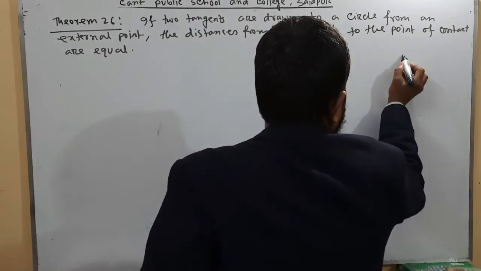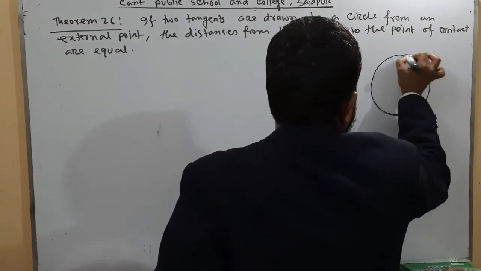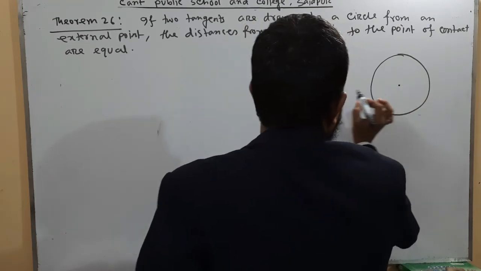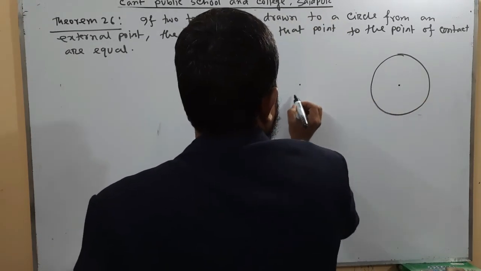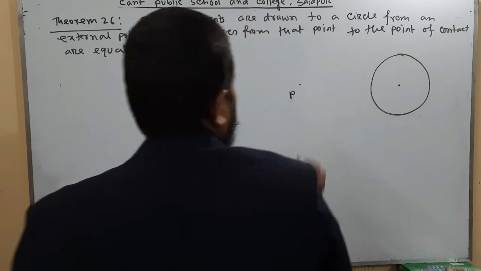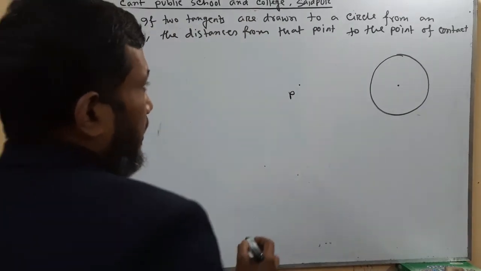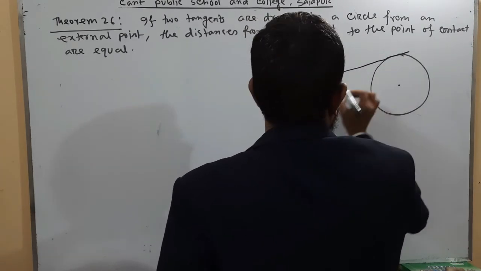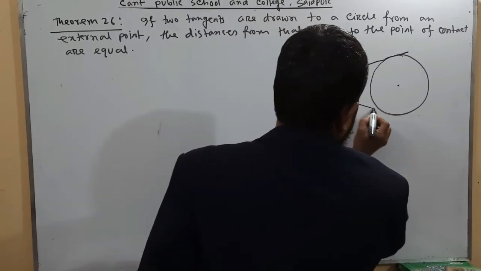Suppose here is a circle, O is the center of it, and P is any point outside this circle. I am drawing tangents on it.